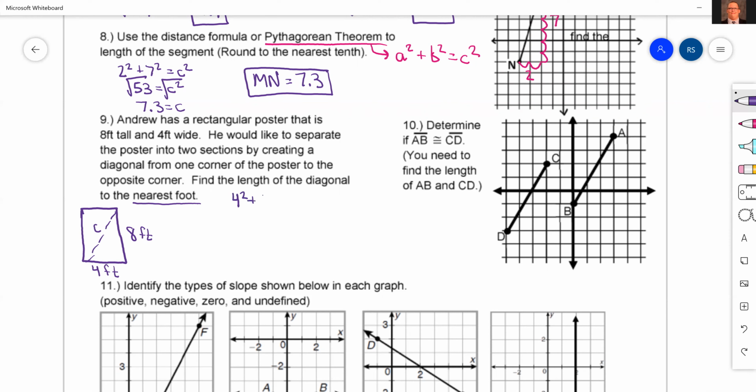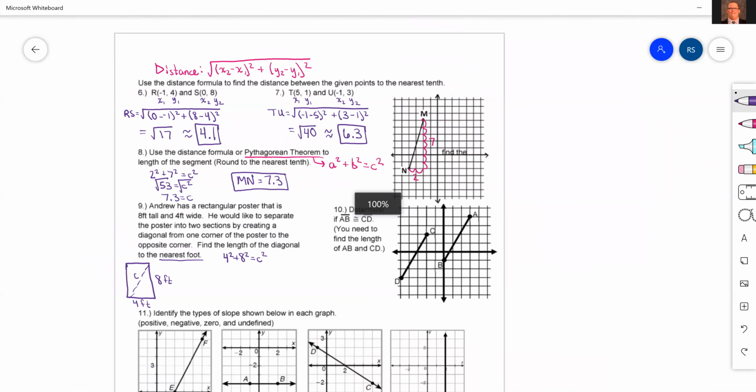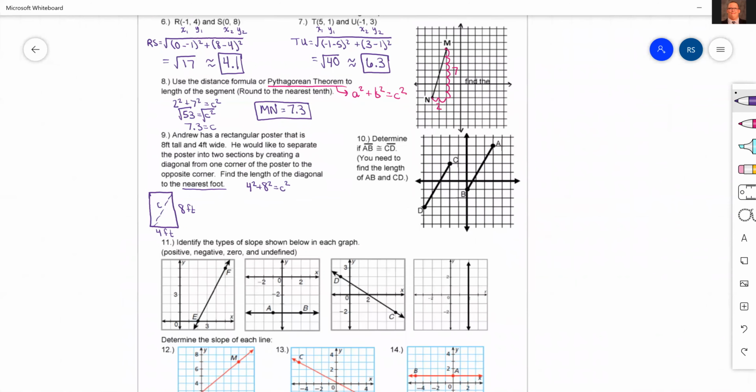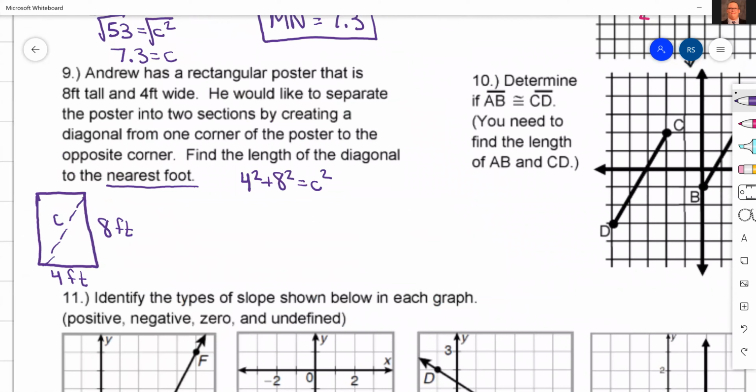4 squared plus 8 squared equals C squared. 4 squared plus 8 squared gets you 80.